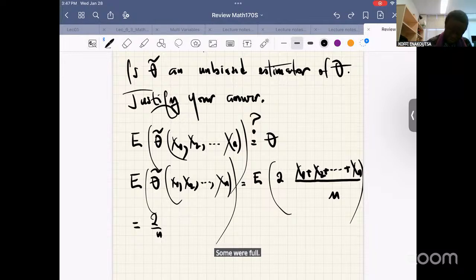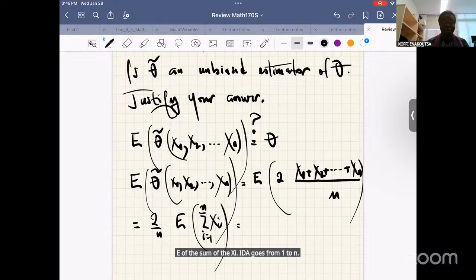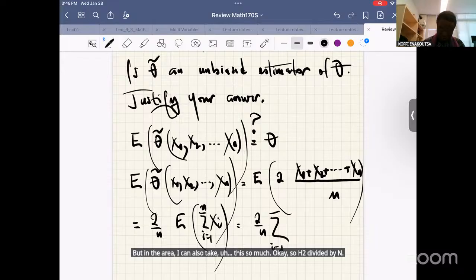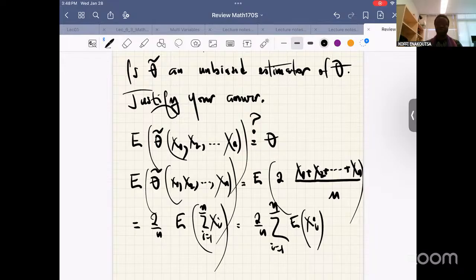Okay, so I can take the 2 divided by n out, E of the sum of the i that goes from 1 to n. By linearity, I can also take this sum out. So it's 2 divided by n, sum i that goes from 1 to n, E of xi. Okay, so the expected value.